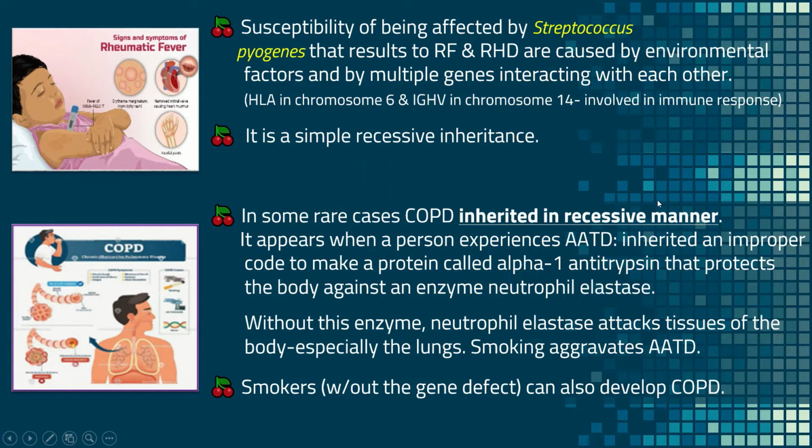So for our context in our problem, we'll be using two diseases of the two systems we have tackled. The rheumatic fever, the disease of the cardiovascular system, and the COPD, the disease of the respiratory system.